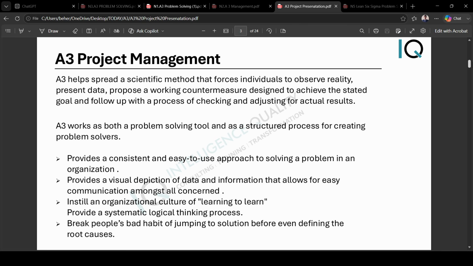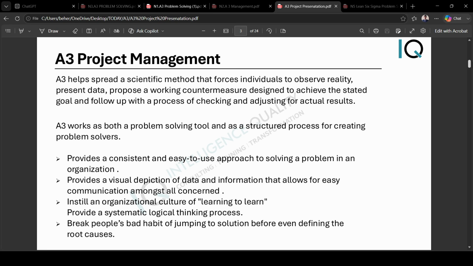What is A3 project management? A3 helps spread a scientific method that focuses on individuals to observe reality, present data, propose a working countermeasure designed to achieve the stated goal, and follow up with a process of checking and adjusting for actual results. A3 works as both a problem solving tool and a structured process for creating problem solvers. It provides a consistent and easy to use approach to solve problems in an organization.